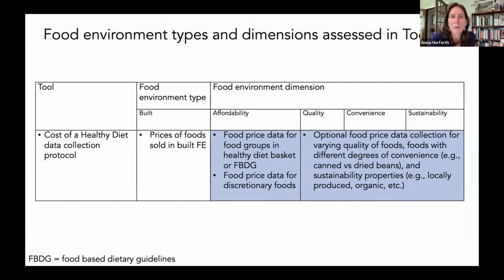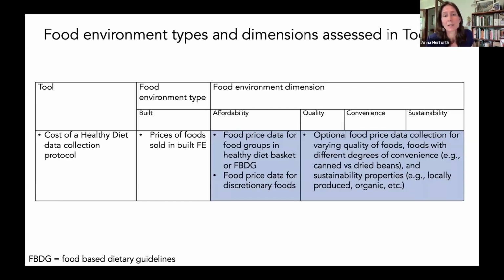what we're looking at again mainly is the food price data for food groups that are recommended in dietary guidelines. For places where there aren't specific national dietary guidelines that can be referred to, we can look at the Healthy Diet Basket, which is the global amalgamation of dietary guidelines around the world, arriving at the most common food groups that are recommended across countries, and it's what's used for global monitoring of this indicator by FAO and the World Bank.